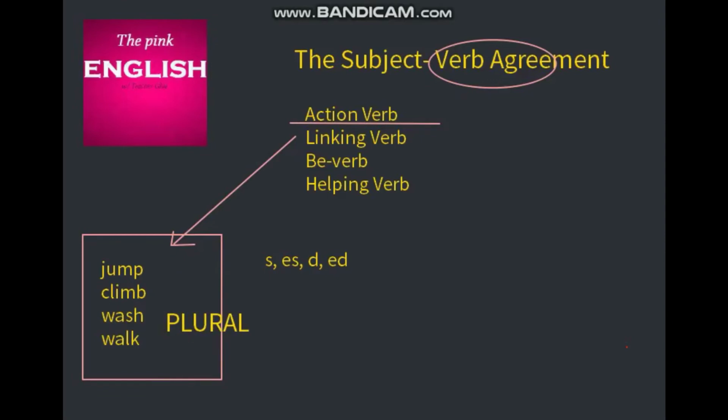So how do we make them singular? Simple. We form singular verbs by adding s or es. So here, jump becomes jumps. Climb becomes climbs. Wash becomes washes. And walk becomes walks. Now these verbs are singular.